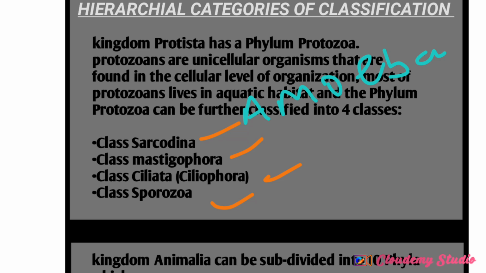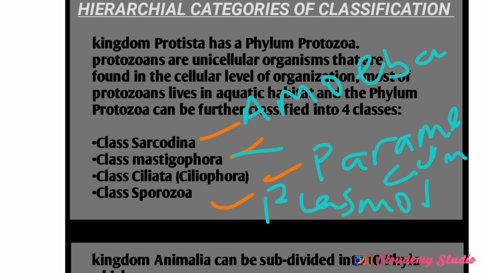The representative members of Mastigophora are two: we have the Trypanosoma, that is Zoomastigophora, and the Euglena, that is Phytomastigophora. While for Ciliata or Ciliophora it is Paramecium, while for Sporozoa it is Plasmodium parasites. These are the members that we'll be dealing with in this video.